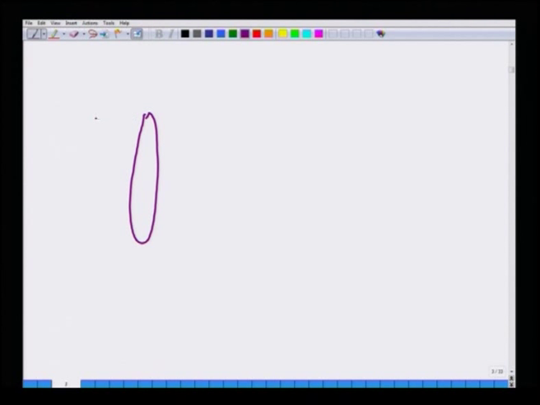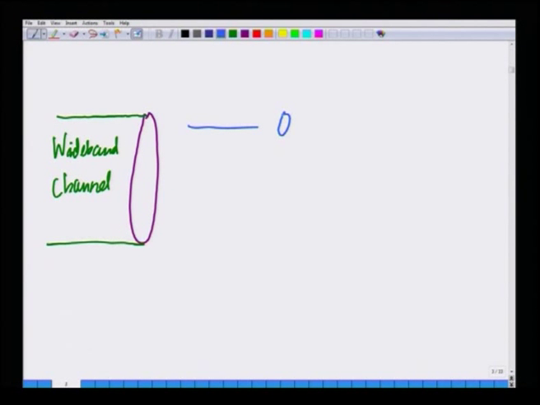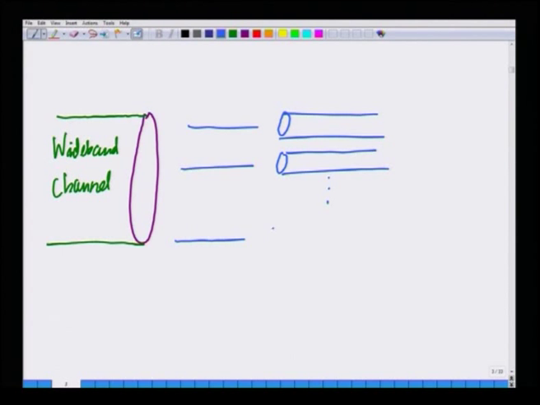Schematically, I can express the effect of OFDM as follows. I have a wide band channel, one wide band channel for the transmission of information. This is also my broadband channel. What I am converting this into is multiple parallel flat fading channels, and each is a narrow band channel.